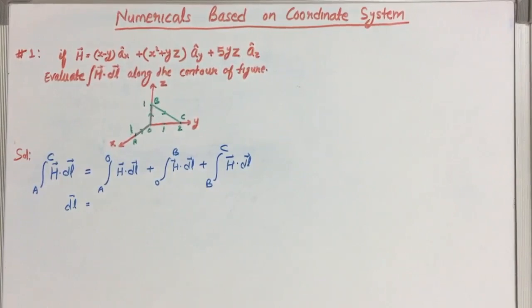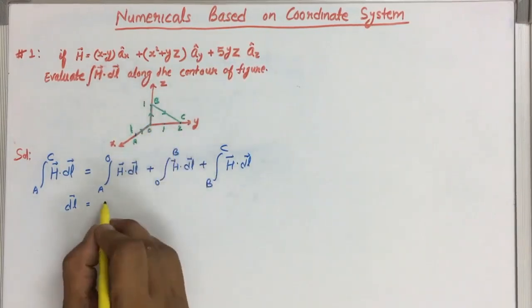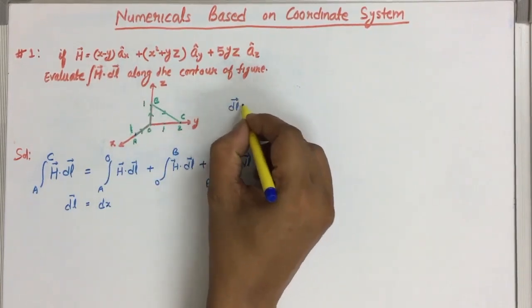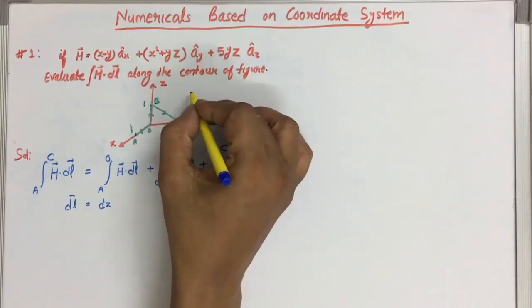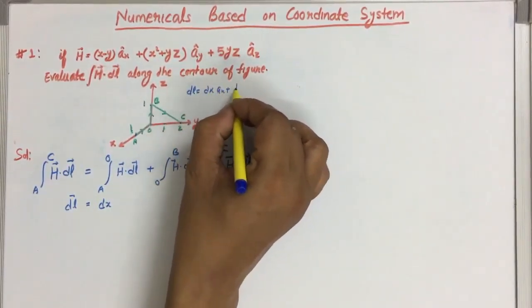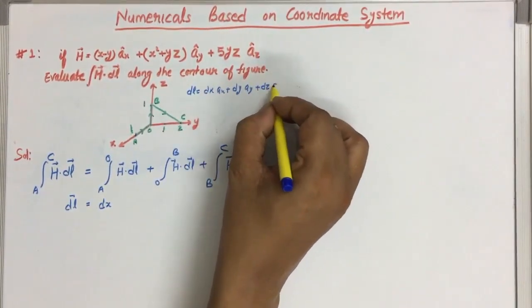How can we find the differential length in that case? This is in the direction of the x coordinate, so we can say dx. This is the rectangular coordinate system. In that case dl is written as dx ax plus dy ay plus dz az.